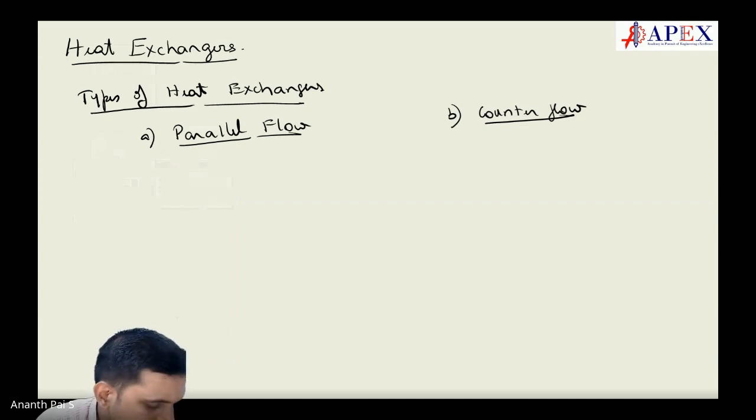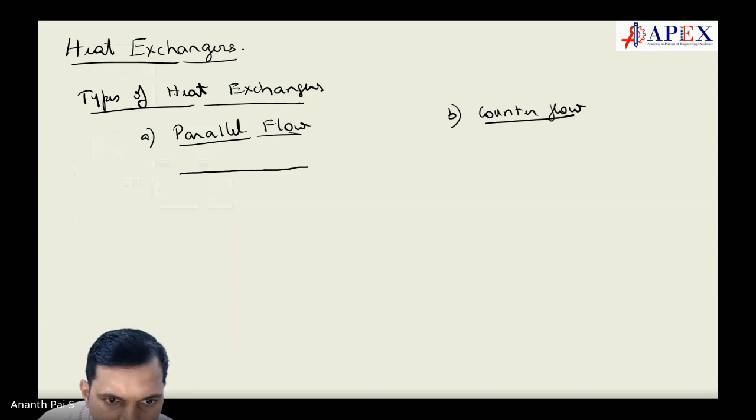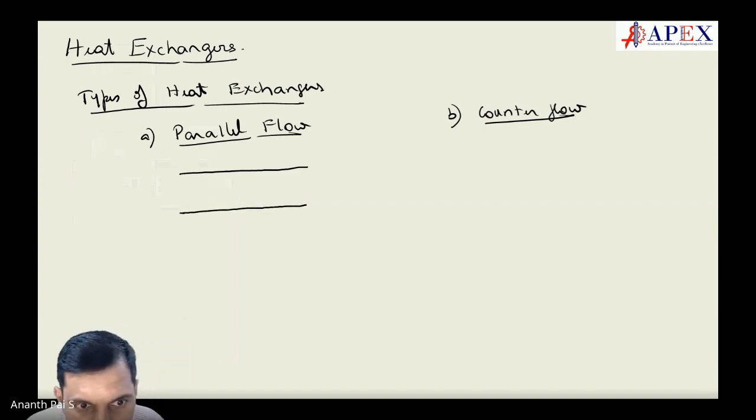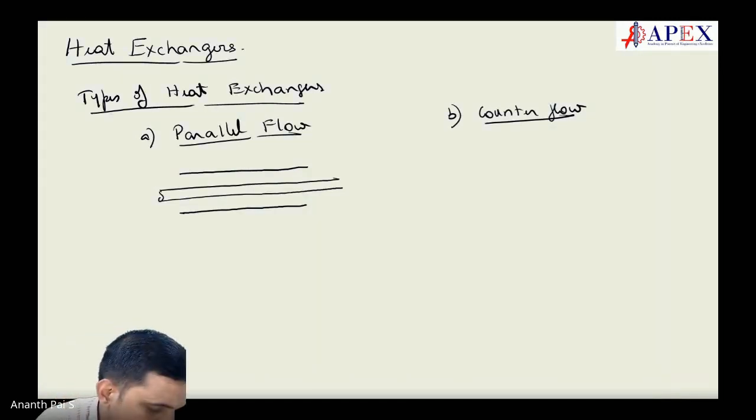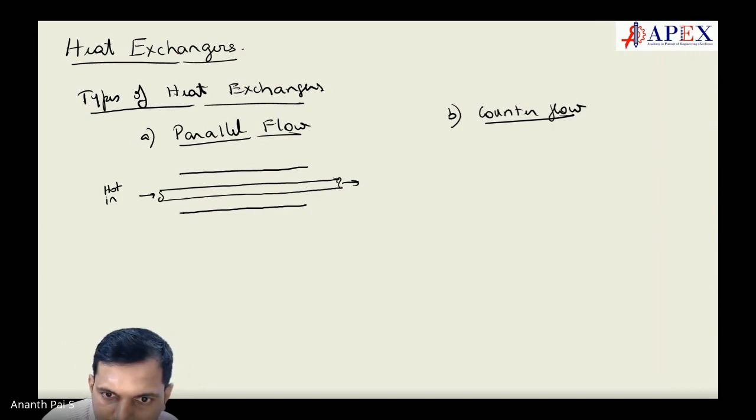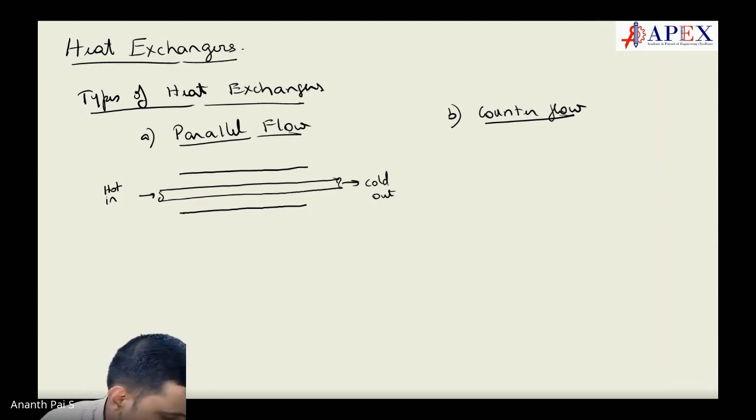So if you have a parallel flow, suppose this is the outer pipe and this is the inner pipe. Here it can be hot in and cold out.